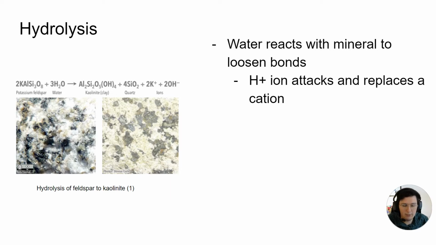An example here, off to the left, is potassium feldspar, and when it interacts with water, one of those hydroxides and the potassium can be split off, and that gives you quartz and then a clay, and then some ions in solution.